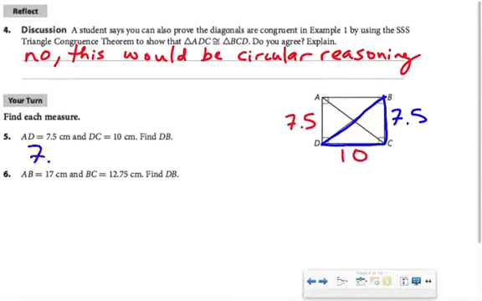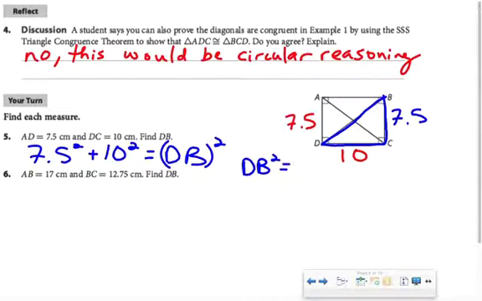So we would do 7.5 squared plus 10 squared equals DB squared. In my calculator, I add 7.5 squared plus 10 squared, and DB squared equals 156.25. When I take the square root of both sides, DB is 12.5.